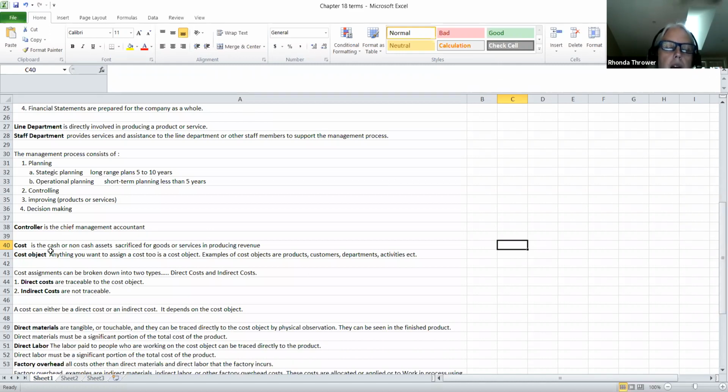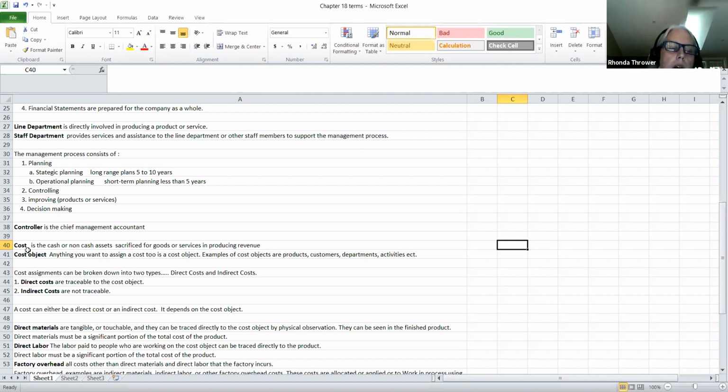Another term that you have to become familiar with in managerial accounting is the term cost. And sometimes we refer to cost as expenses, but cost is basically cash that we're going to have to pay out, or some type of non-cash assets that we're going to exchange as a sacrifice for the goods that we are producing, or our services that we are providing in producing revenue.